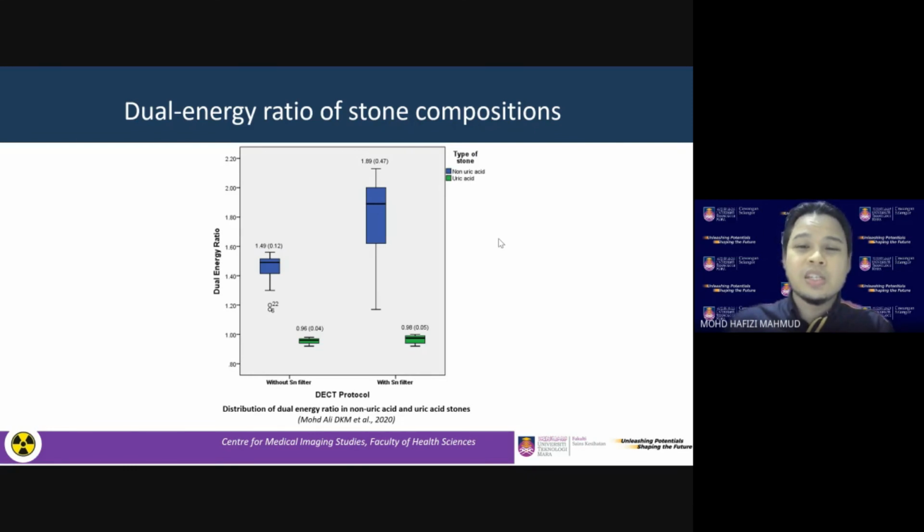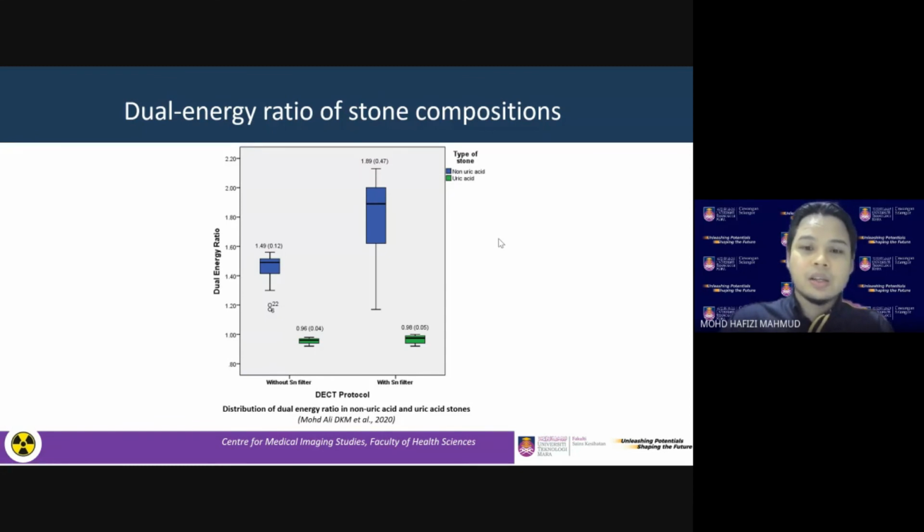But obviously the range of dual energy ratio for non-uric acid is higher on the right, with a range of 1.89 as compared to 1.49 for the protocol without thin filtration.